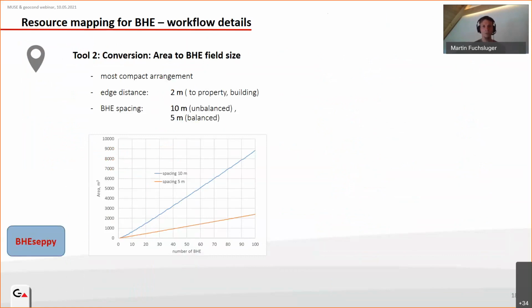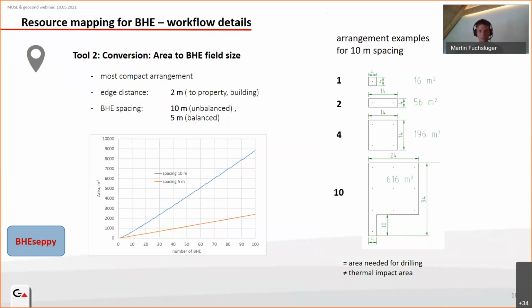So, small details. How do we make the conversion of the number of borehole heat exchangers and the area which is needed? This is dependent on the spacing. So we decided to use the most compact arrangement. That means on the edges we use 2 meters to property and building, and then the spacing as it is given.